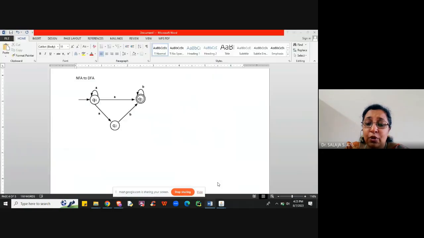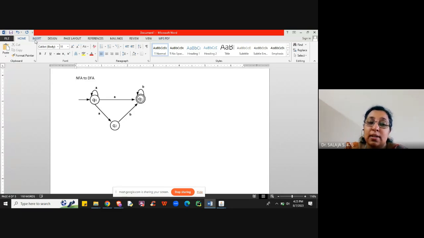Now we'll move on to recollect how you converted an NFA to a DFA. The first step is to identify the initial state of the NFA.